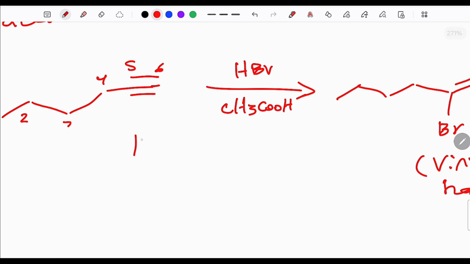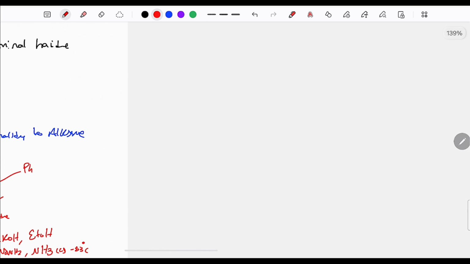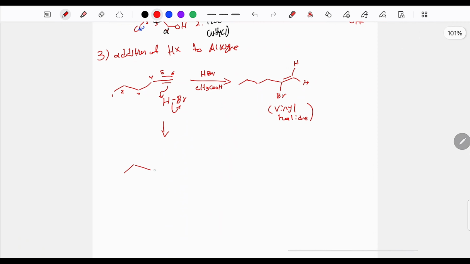You're going to add HBr, correct? In this case, the mechanism is similar to the alkene addition of HX. So we generate this intermediate here. So 1, 2, 3, 4, 5, 6.